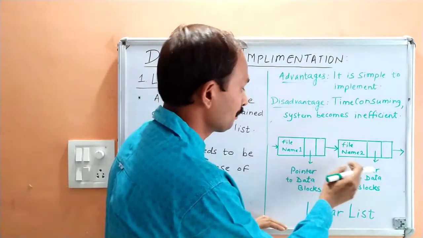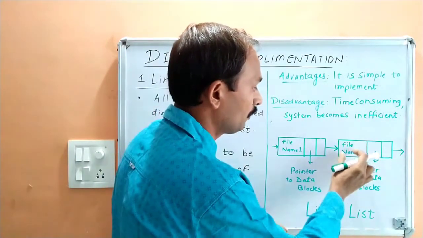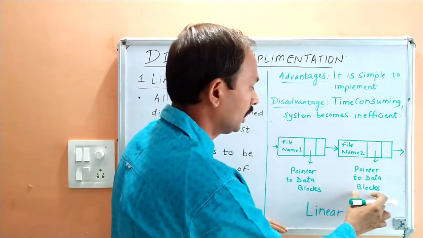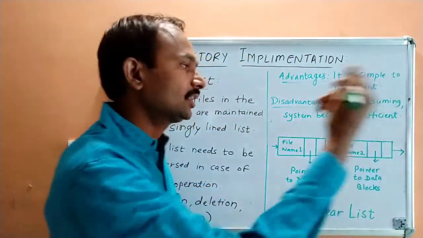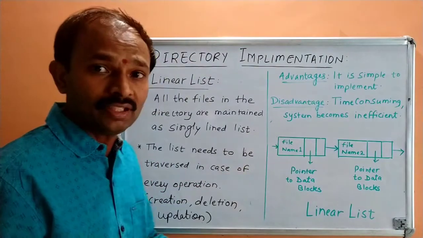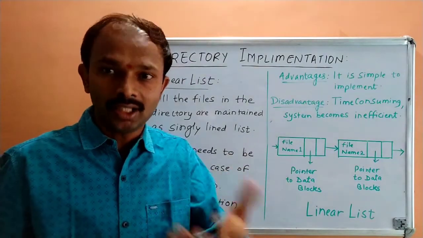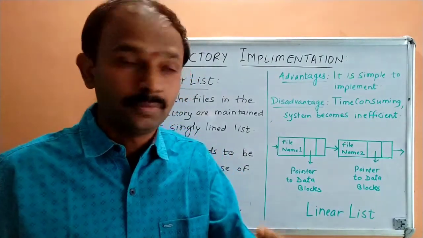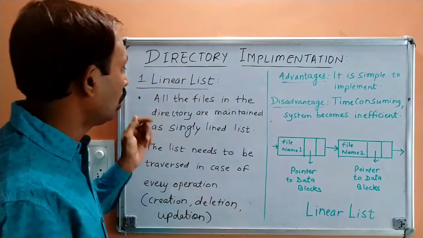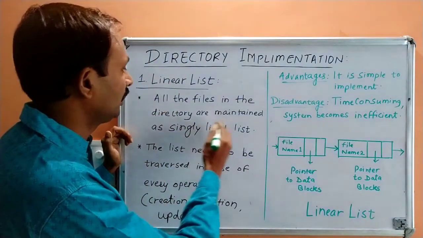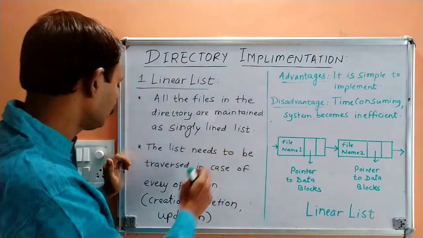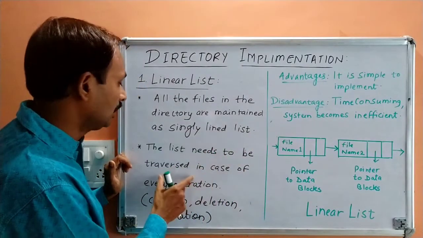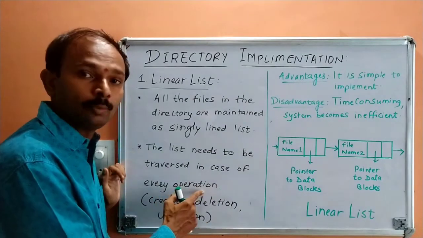The next block will point towards the next file. So linearly the files are connected with each other. All the files inside the directory are maintained as a singly linked list. The list needs to be traversed in case of every operation.